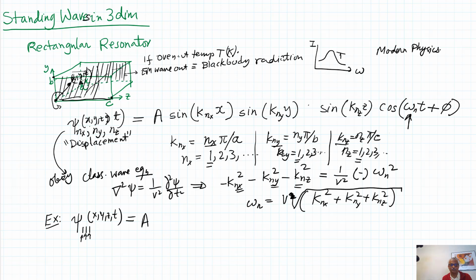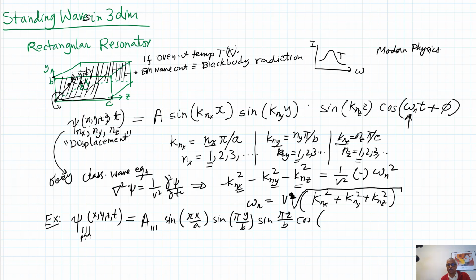That will be some amplitude for this mode, and then sine pi x over a, sine pi y over b, sine pi z over c, and cosine.